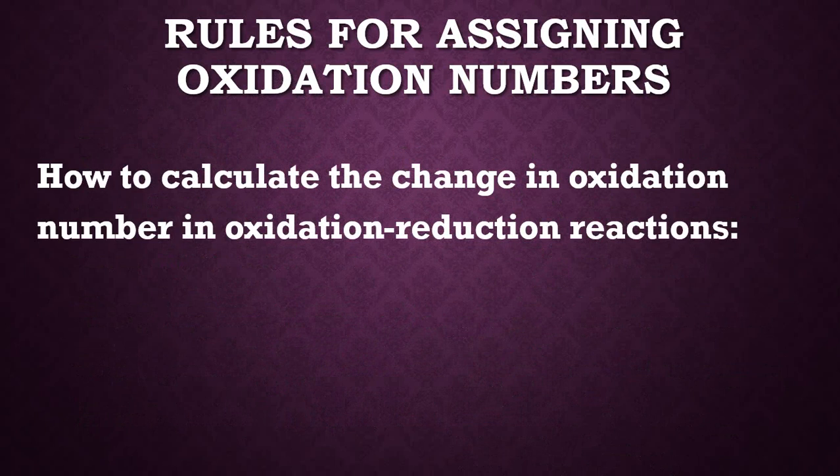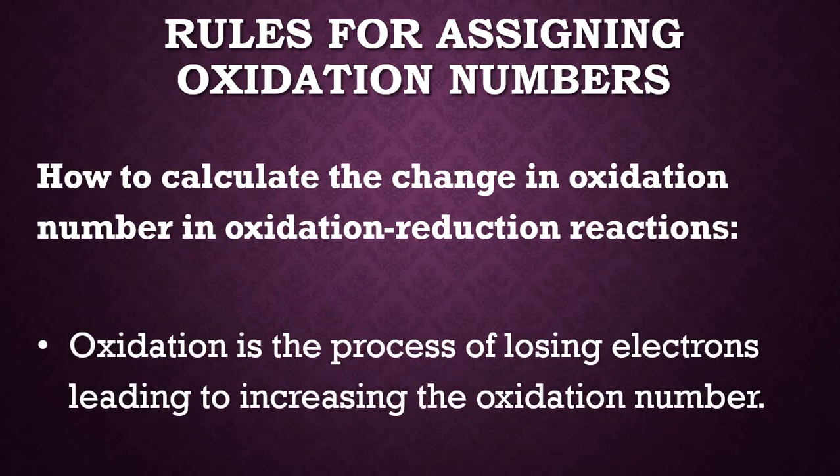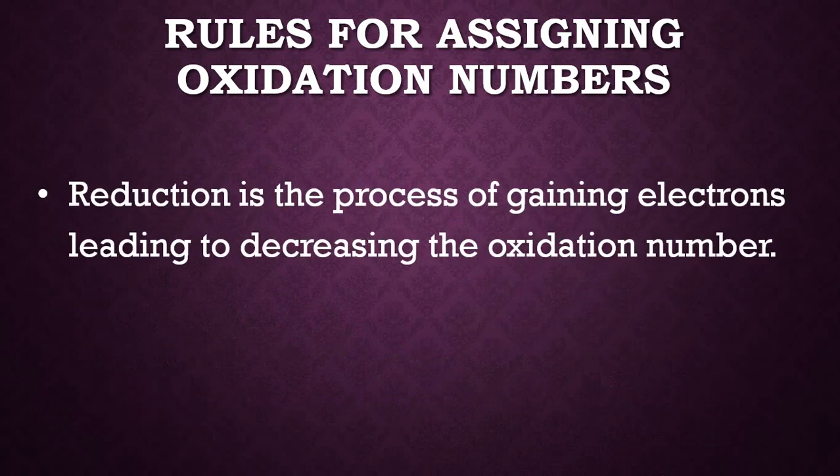Okay, how to calculate the change in oxidation number in oxidation reduction reactions? We should note first that oxidation is the process of losing electrons, which leads to increasing the oxidation number, and reduction is the process of gaining electrons, which leads to a decrease in the oxidation number.